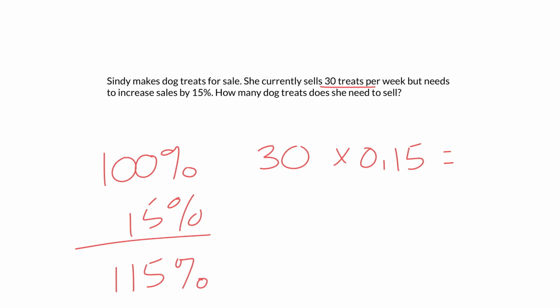But the general thing applies, or let's instead, to make this a little bit simpler, let's make this a 10% increase so that we keep with our whole numbers. So I'm going to change this problem a little bit to 10%.